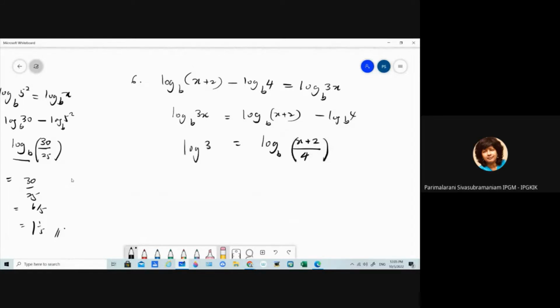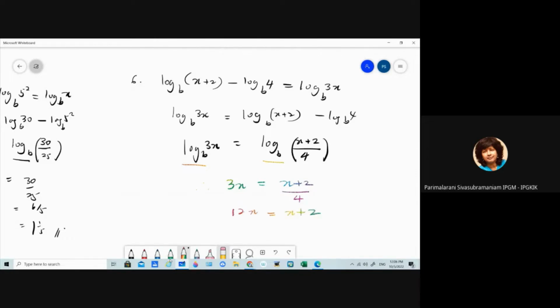Can you follow until here? Yes? Yeah. So because we have log b here and log b here, therefore at this stage you must be able to see the equivalence. So 3x is equals to x plus 2 over 4. So 12x is equals to x plus 2.